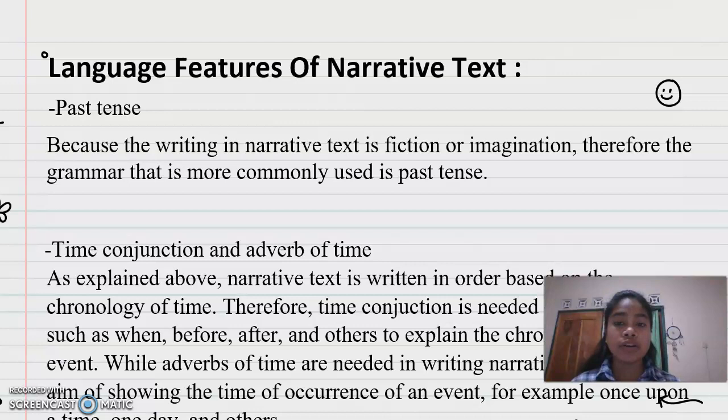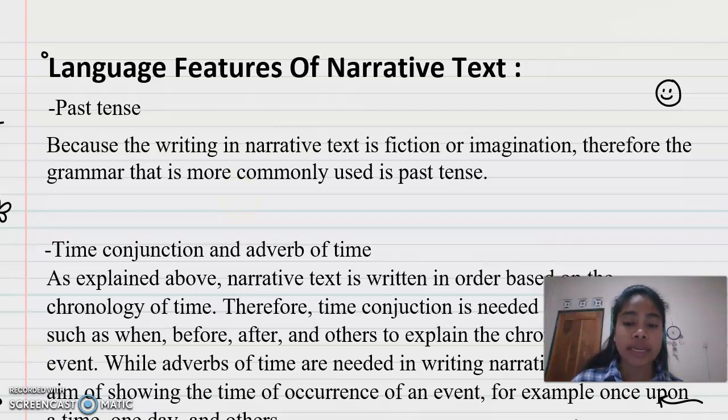Because the writing in narrative text is fiction or imagination, therefore the grammar that is more commonly used is past tense. And the second language feature is time conjunction and adverb of time.